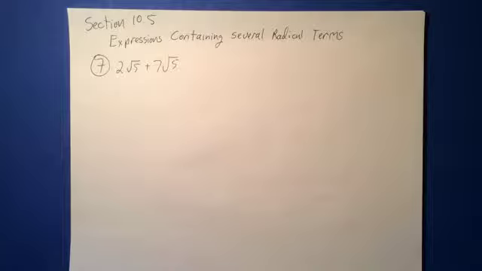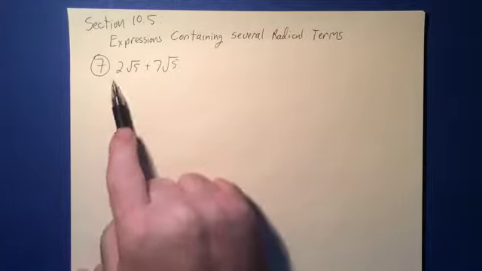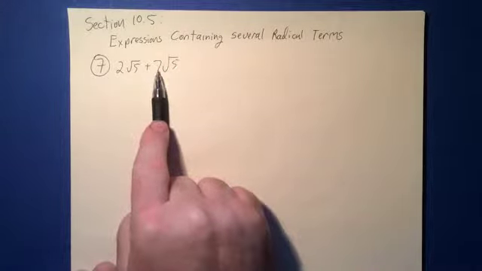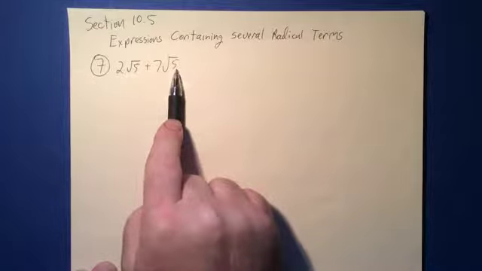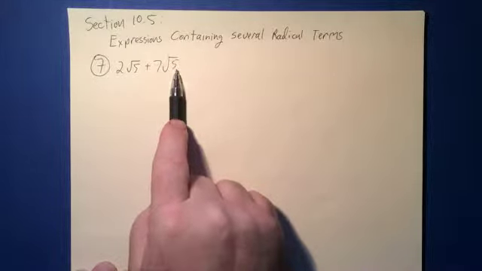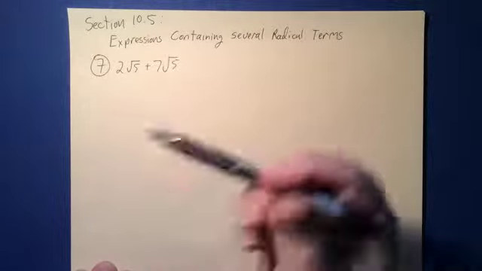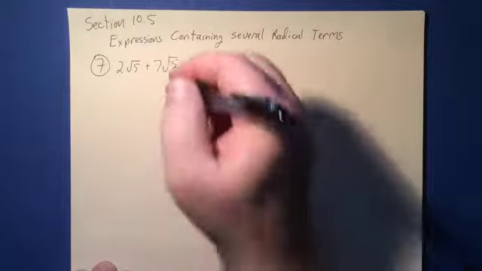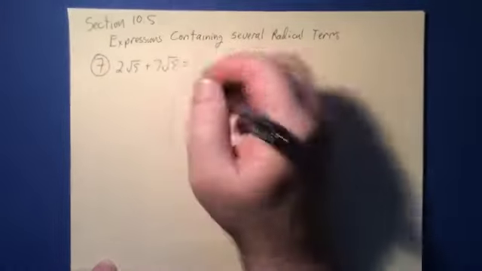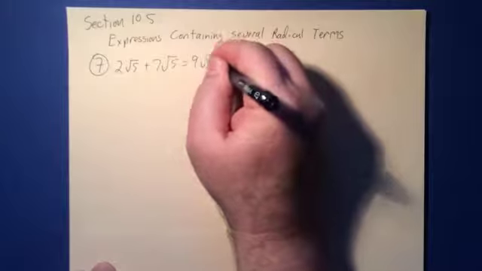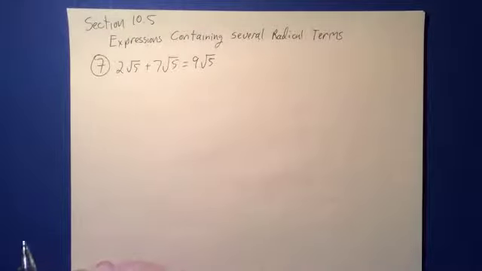In order for us to add the numbers, like the 2 and the 7, to get 9, the radicals have to be the same. Like in many of the problems we do, that's not always going to be the case, and when they're not, we're going to have to simplify them. But for this question, since they are the same, we add the 2 plus 7 and get 9 radical 5. As you see, that radical 5 does not change.